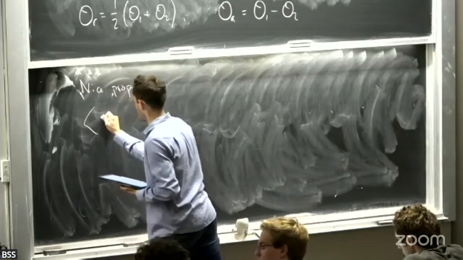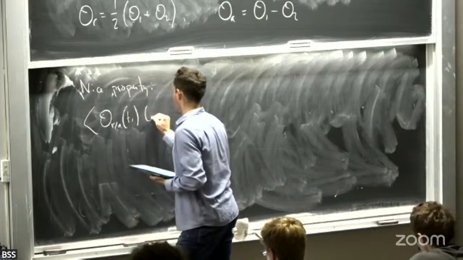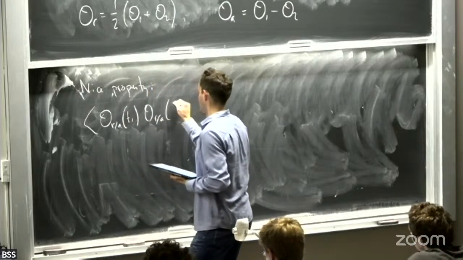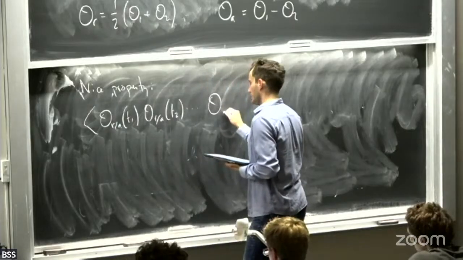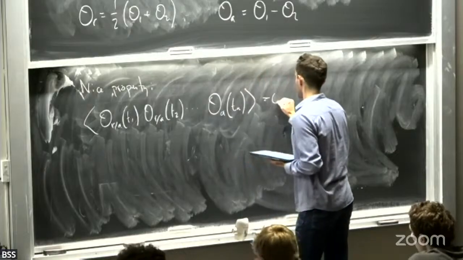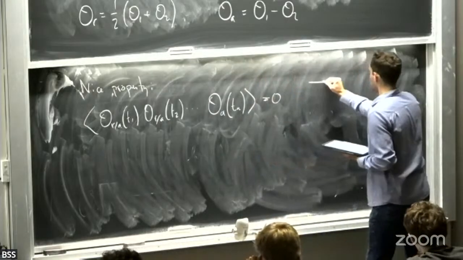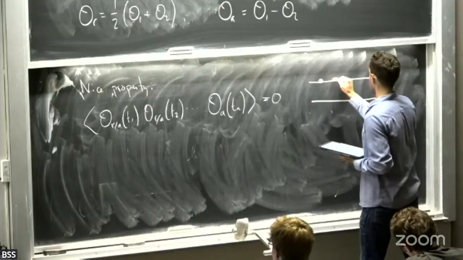So if I have a correlation function with a bunch of R or A fields, and the very last one is an A field, then this correlation function vanishes, just by trace cyclicity, right? So we're generating correlation functions of a bunch of operators.